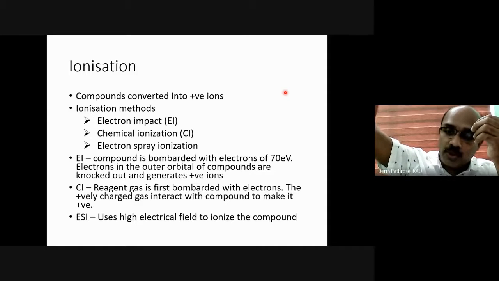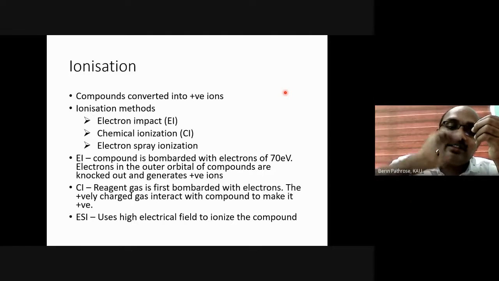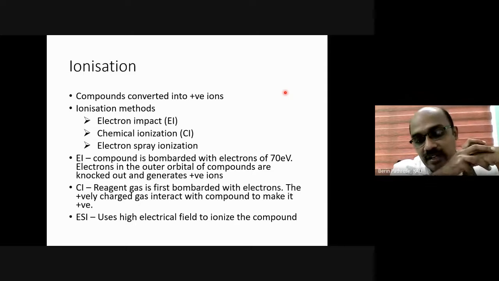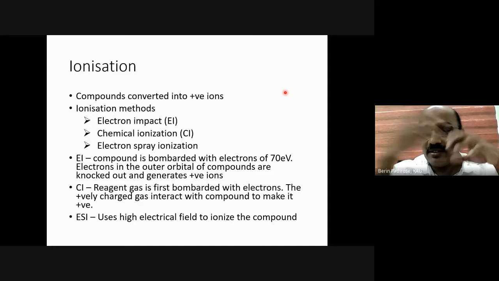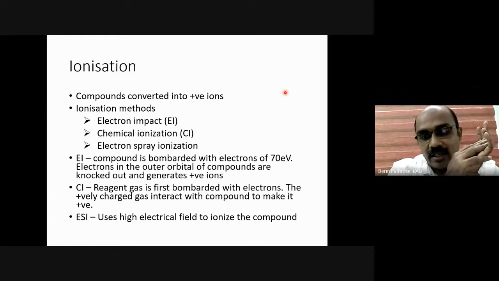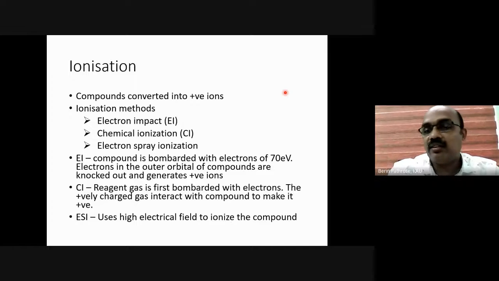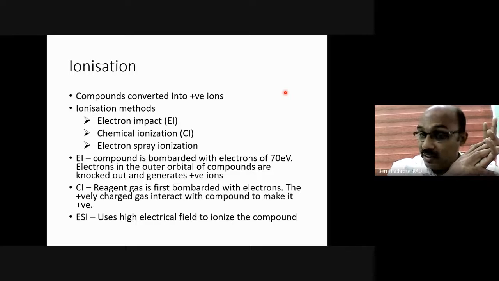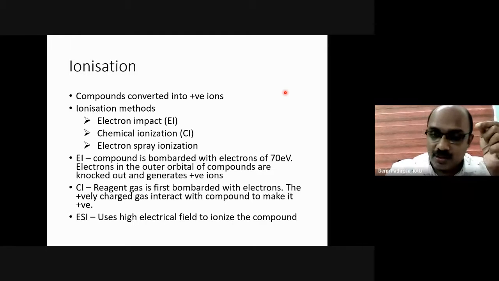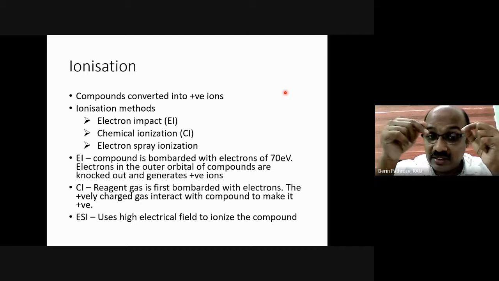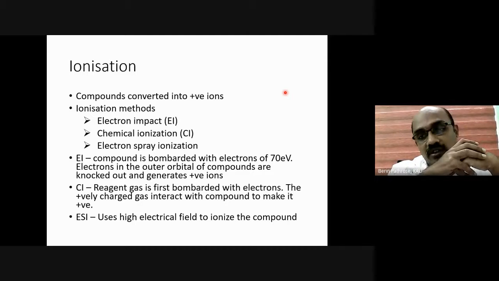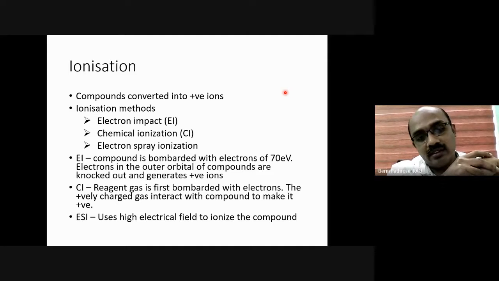So once the compound passes through the tip of the nozzle, it will be ionized. So in electron impact ionization, we bombard the compound, making it positively charged. In chemical ionization, a reagent gas is ionized first, and then transfers the charge to the compound. In electrospray ionization, the compound passes through a nozzle held at a very high electric field, so that it gets ionized.